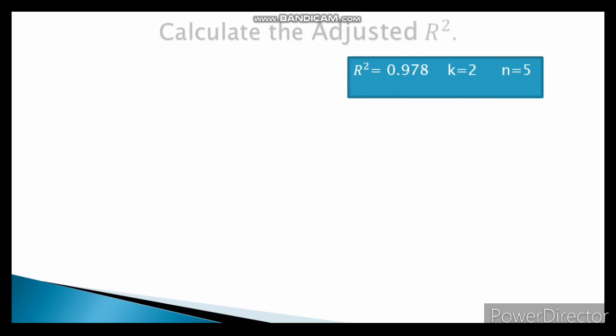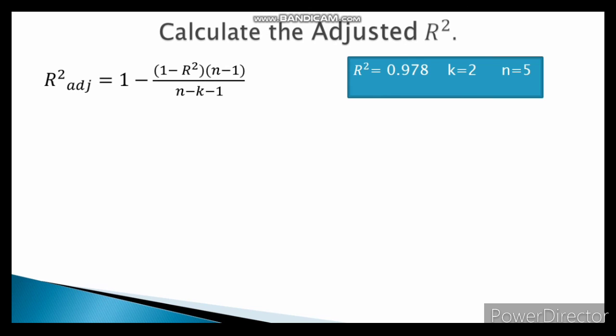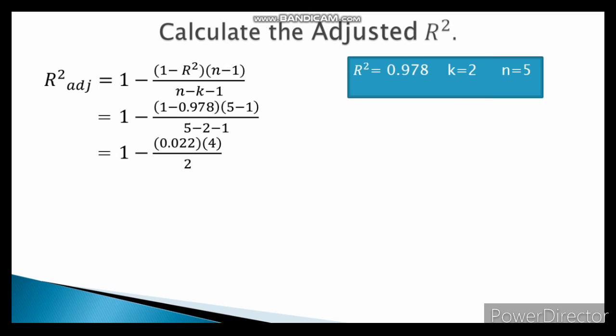So, ulit, isa-substitute natin yung R square is equal to 0.978, at K naman natin is equal to 2, at ang N is equal to 5. So, 1 minus 0.022 multiplied by 4 all over 2 is equal to 1 minus 0.044.